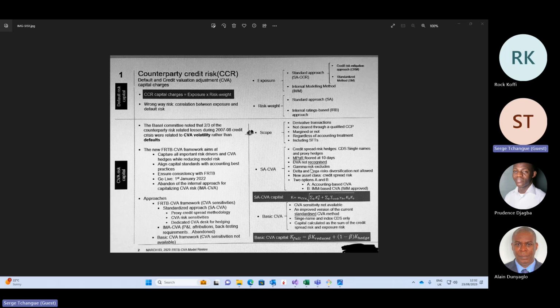This is called the margin period of risk, which we could discuss. Basically, between the time you default and the time that you get the money, if you call the collateral every day, and you call yesterday and I default today, there's still some time before you go to court and start recovering your money. So there's a period that you will not know.